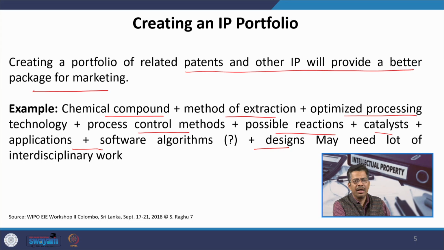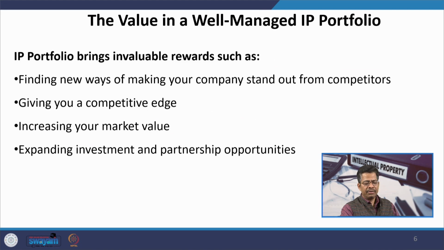Like you can see in this example how a chemical reaction may give rise to so many different types of IP, and put together it becomes one example of an IP portfolio. When you are creating and managing an IP portfolio, it is generally a very important, invaluable source of wealth generation for your organization.